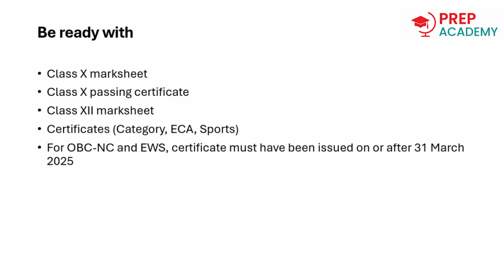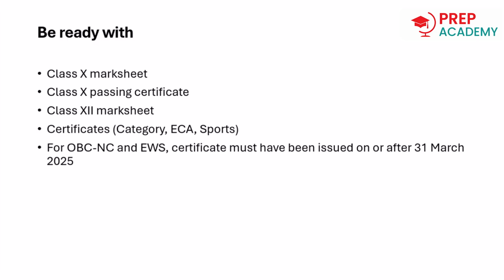Now pay very close attention to category certificates. If you belong to SC, ST, OBC, NCL, EWS or PwBD categories, you must upload your respective certificates and provide details like the issue date and issuing authority. And a super important note for OBC, NCL and EWS candidates: your certificate must be issued on or after March 31st, 2025.